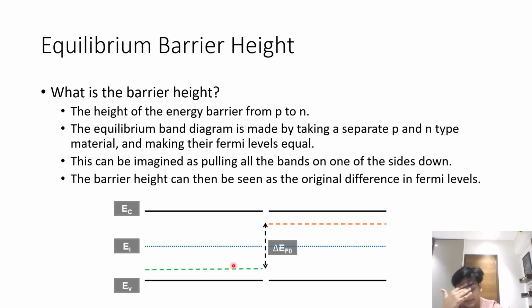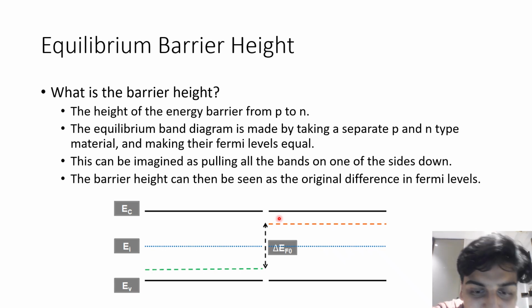So how do you make their Fermi levels align? You just pull all the bands of this right side down, and because of this you make this orange Fermi level and this green Fermi level align, and then you say your Fermi level is flat throughout the device, and then you do that bridging in the middle, which we saw on the last slide, and then you call that your band diagram, right? So this is how your band diagram is made.